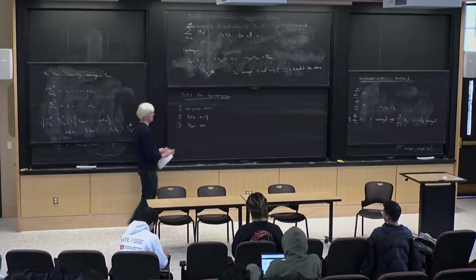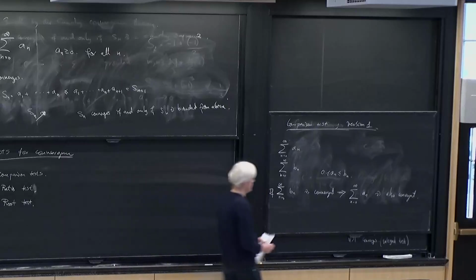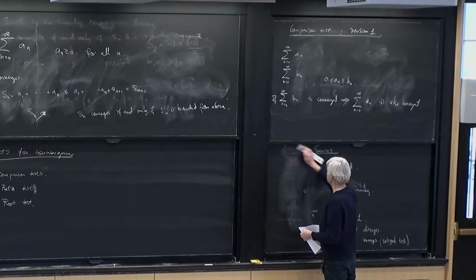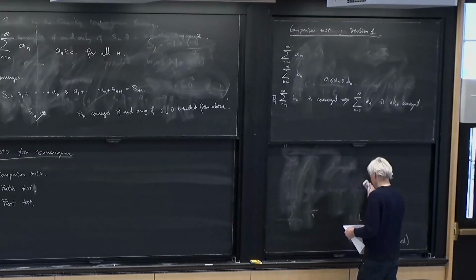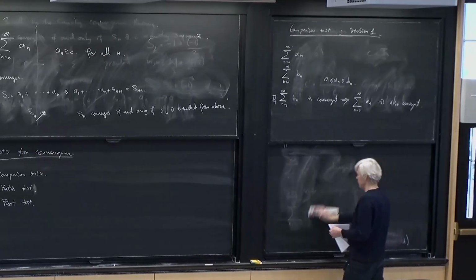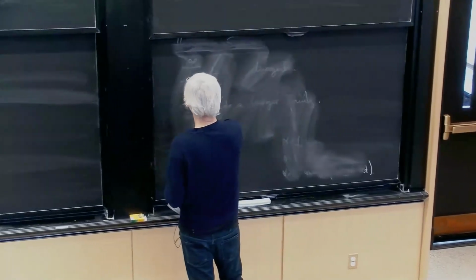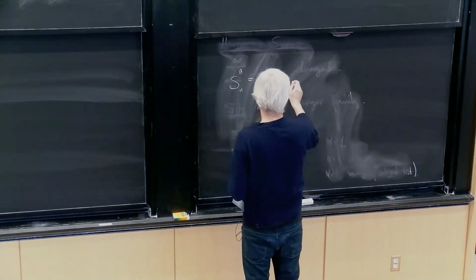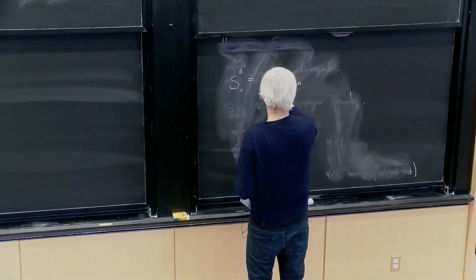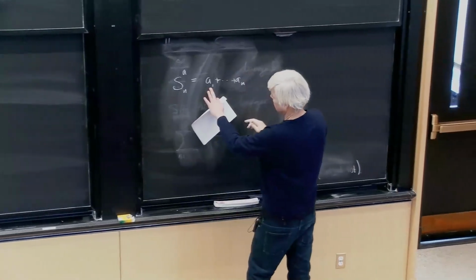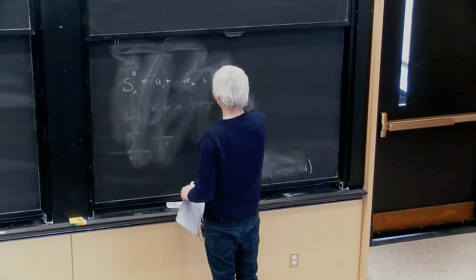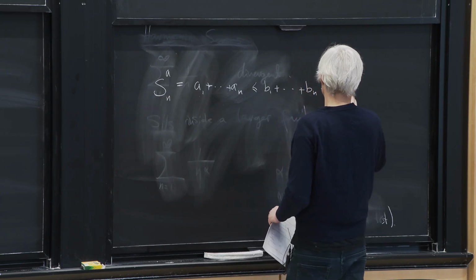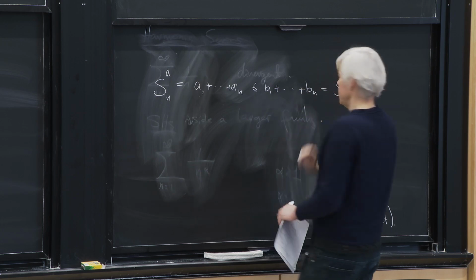You could also have done it using the monotone convergence, right? Because again, if you take the Sn based on the A's, so that's A1 up to An, the sum of these guys, this individually is less than the corresponding B's. And this here is just the sequence Sn based on the B's.